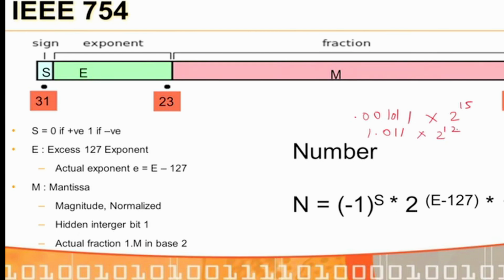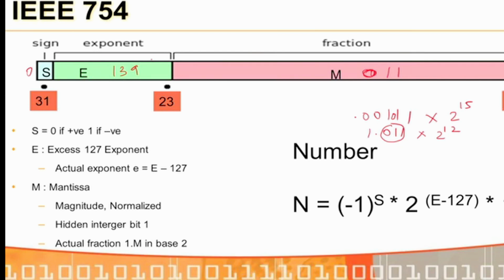You got this? And I will store 011 here, and of course 12 plus 127, I will store 139 here, and of course I will store 0 for the sign. 011 is some 3 whatever. So 139 I will store in binary, I will not convert it here.